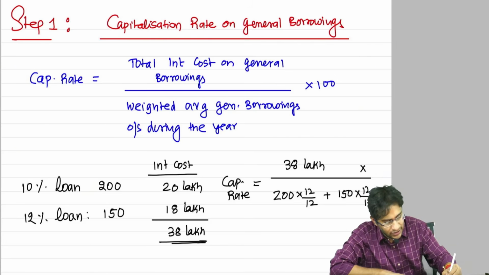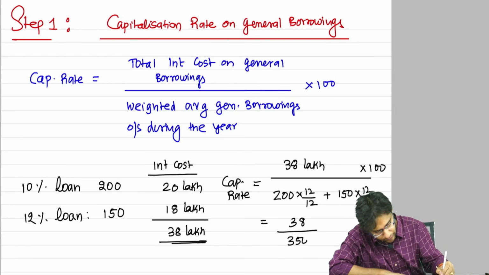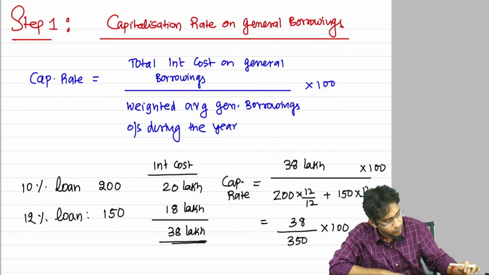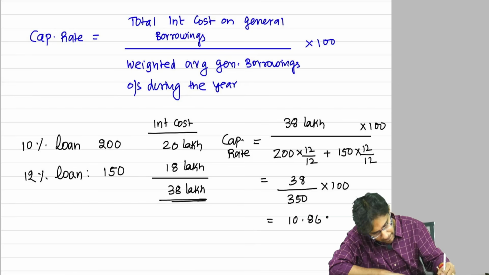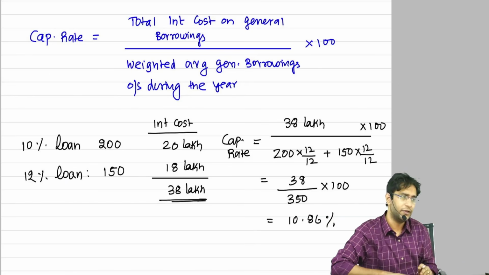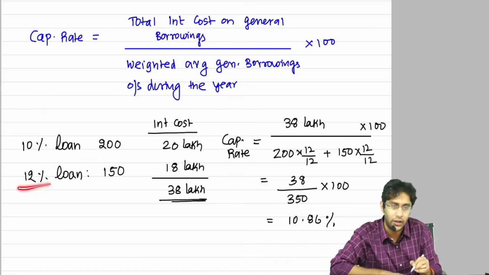Let's make a start. So the answer will be how much, sir? 38 lakhs divided by 350, into 100. 10.86%. What is the meaning of this? This borrowing cost is 10%, this borrowing cost is 12%.